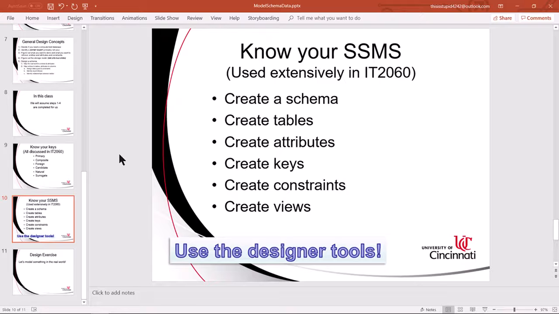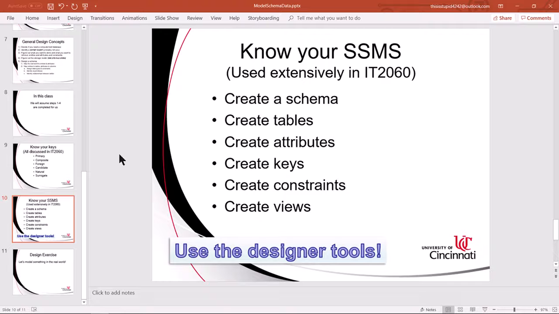I understand that in IT 2060, your primary focus was writing queries, writing scripts that generated a result set by joining tables together and applying filters and functions and aggregates. I encourage you to use the designer tools in this class unless otherwise required.